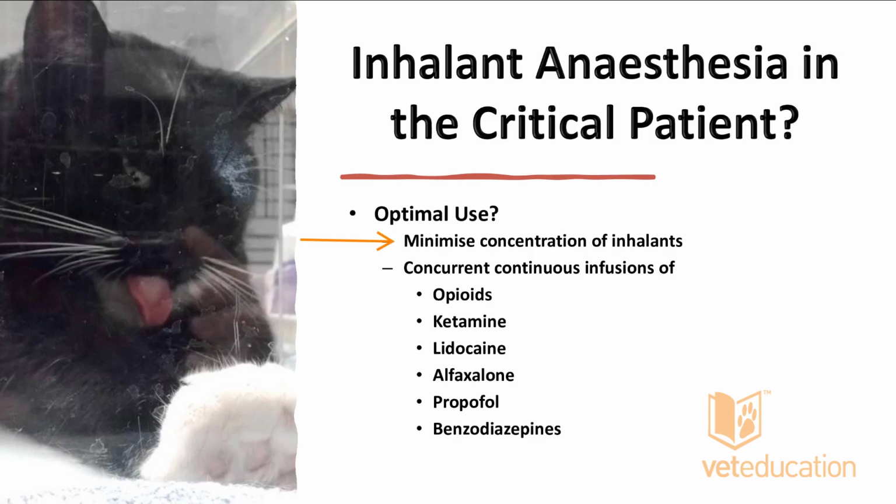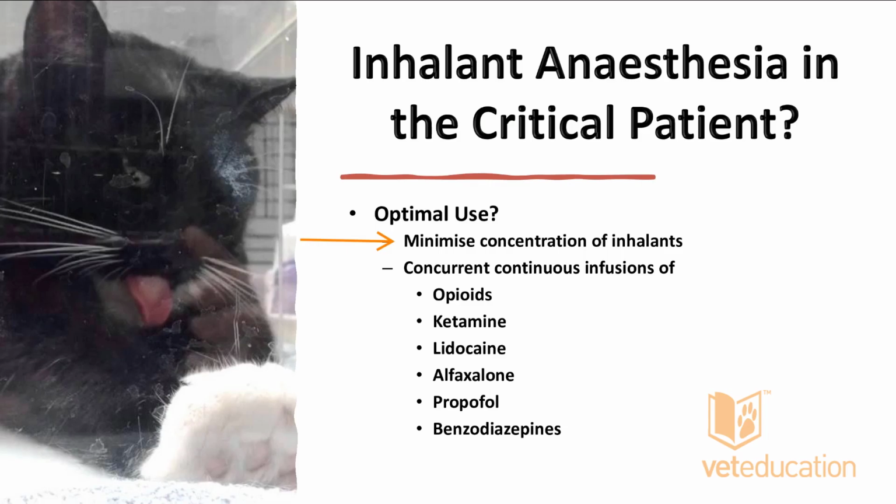If I don't have hypotension in my patient, then inhalant anesthesia is probably going to be fine. But if I can minimize the concentration of inhalant so that I can prevent or reduce the impact of that decrease in cardiac output and hypotension in my patients, then that's what I'm going to do.